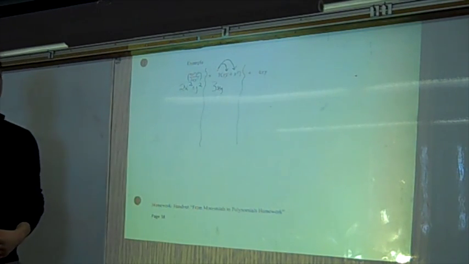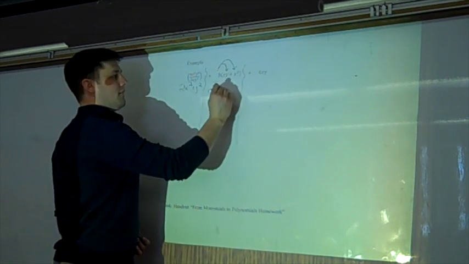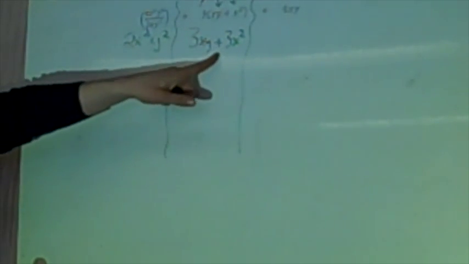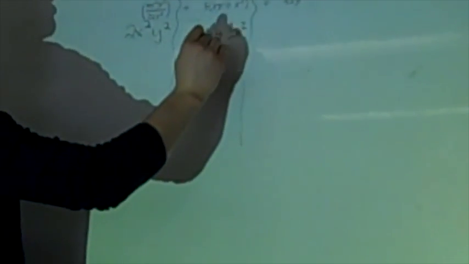And then 3 times x squared. 3x squared, yep, just 3 times x squared. And now we have two different terms here because we got rid of the parentheses. And so if we want to draw the squiggly line down now, we can.